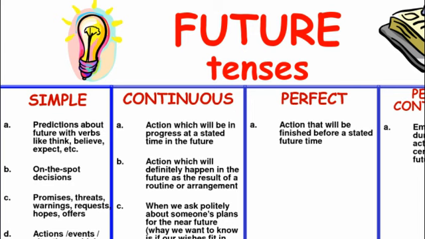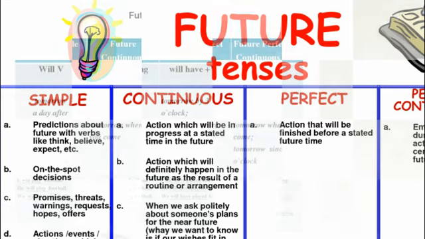In the perfect tense, we can observe an action that will be finished before a stated future time. And in the future perfect continuous, emphasis will be given on the duration of the action up to a certain time. So there are widely given here all types of future tenses that exist regarding the verb itself, and we can carefully differentiate between them.